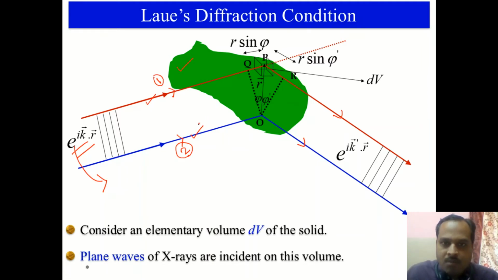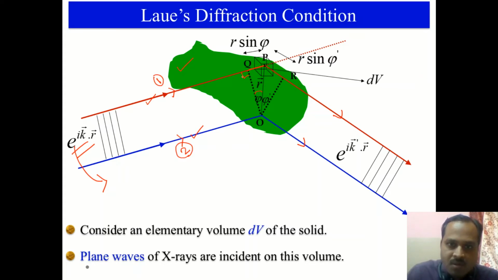For that we first have to find the path difference. So what is the path difference between ray 1 and ray 2? As we studied in Bragg's law, we have to draw the corresponding perpendicular. So this is the perpendicular, and suppose this angle is phi, then this particular distance, which is the path difference between ray 1 and ray 2 with respect to this origin, will be r sin phi.